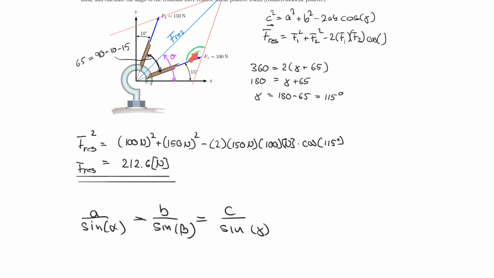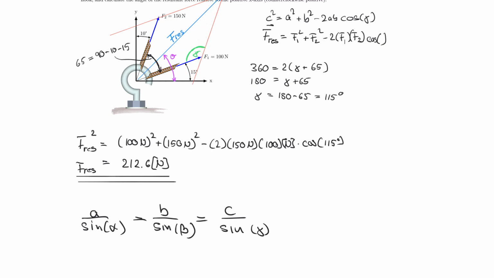I have my gamma here, so I have this fulfilled. And again, keep in mind that gamma is opposite to C. So opposite to C is actually my F resultant. So I already have these two fulfilled. And now if I want to find this angle here, I would have to use the opposite, which is along this line. And that is really F2, right?